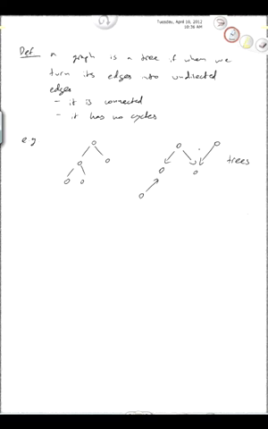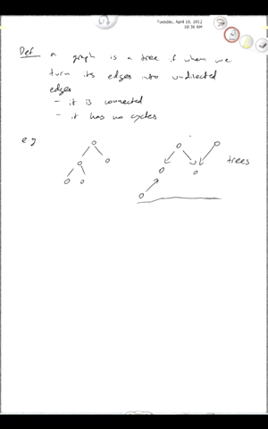But by the way, if you look at this second graph right here, before we turn its edges into undirected edges, this graph is actually disconnected. Because if you take a look at this vertex right here and this vertex right there, neither of these vertices can reach the other one. And so this graph is disconnected before we turn its edges into undirected edges. So those are some examples of trees.